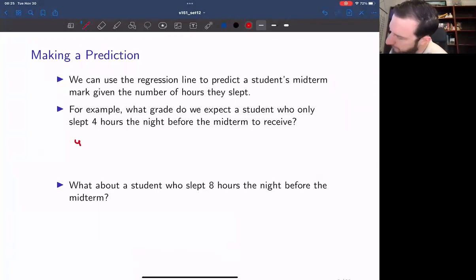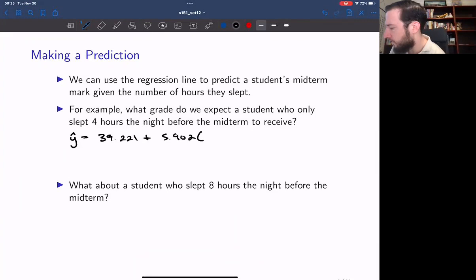Okay, so here we're going to have y hat is equal to B0, or sorry, is equal to 39.221 plus 5.902 times 4. So you can see that all we have to do here is substitute in the number of hours of sleep that we are interested in for x, because x in this problem is the number of hours of sleep the night before the test.